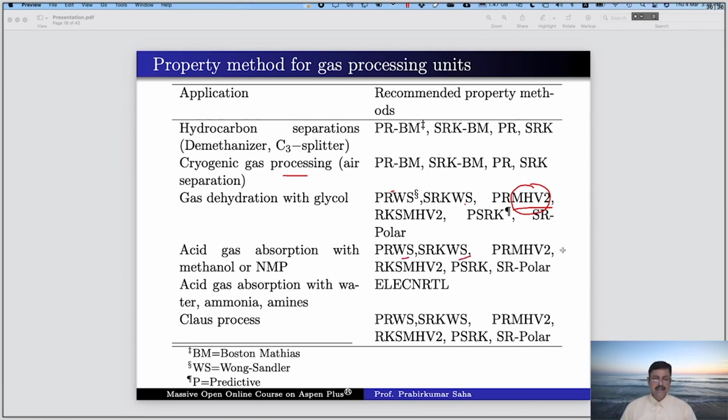For acid gas absorption with water, ammonia or amines, you can safely use the NRTL method. And for the Claus process, you can again use Peng-Robinson-Wong-Sandler or SRK-Wong-Sandler method.